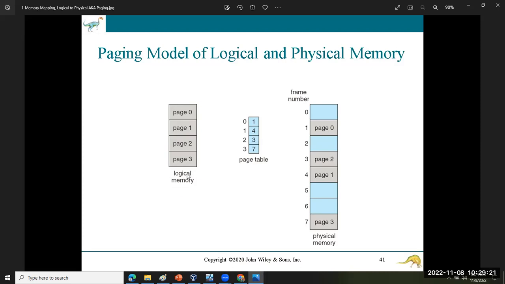And so a page table is going to have cross-references or index the logical memory pages and the physical memory frames. And so in this simple example, if you have page 0 to 3 on the page table, page 0 is at frame number 1, page 2 is at frame number 3, right here. Page 1 is at frame number 4, and page 7 is at frame number 3.